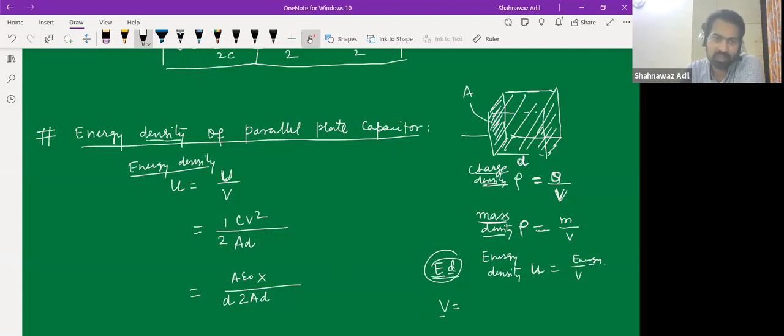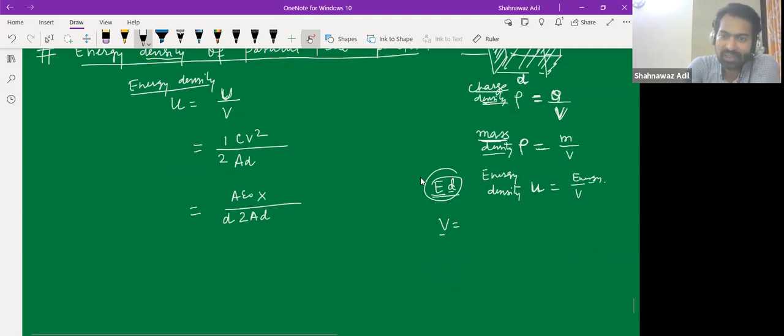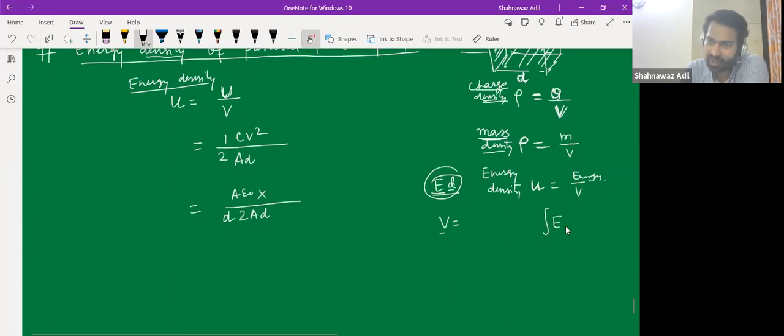When we were calculating the capacitance of the parallel plate capacitor, we did this problem extensively. You already know this, right? So integral of E dot dr gives E times D. So for the parallel plate capacitor, this is the potential difference. Okay, so this is ED.